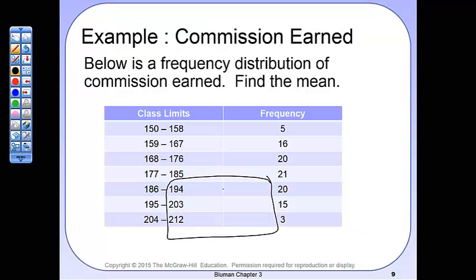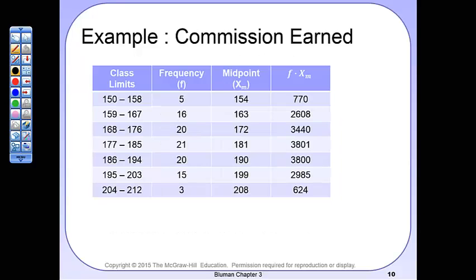So let's look at an example. Okay, so commission earned by 100 salespeople at several branches of a large chain store is shown, and we want to find the mean. So we have these class limits. The first thing that we're going to do is add two columns, and find the midpoint and then the frequency times the midpoint.